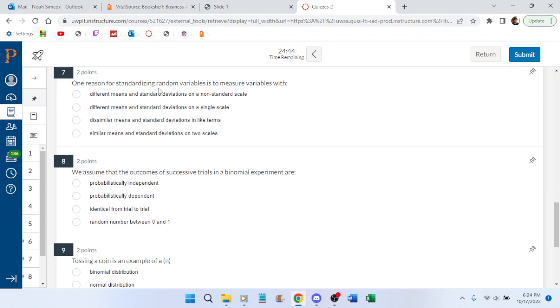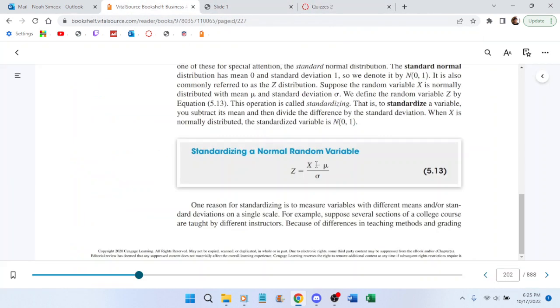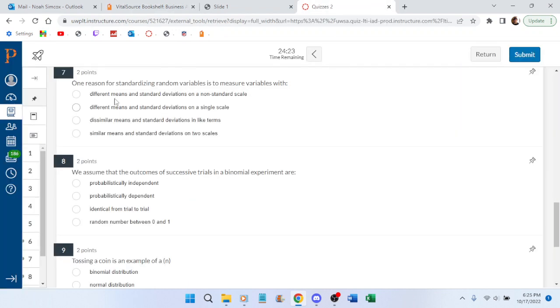One reason for standardizing random variables is to measure variables with different means and/or standard deviations on a single scale. Actually, the answer to that is pretty close to this.